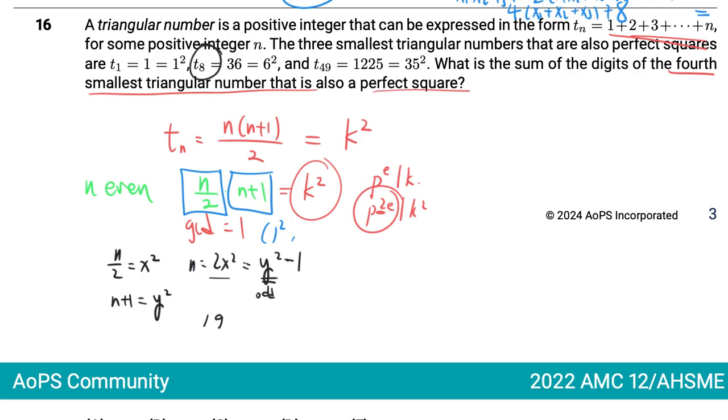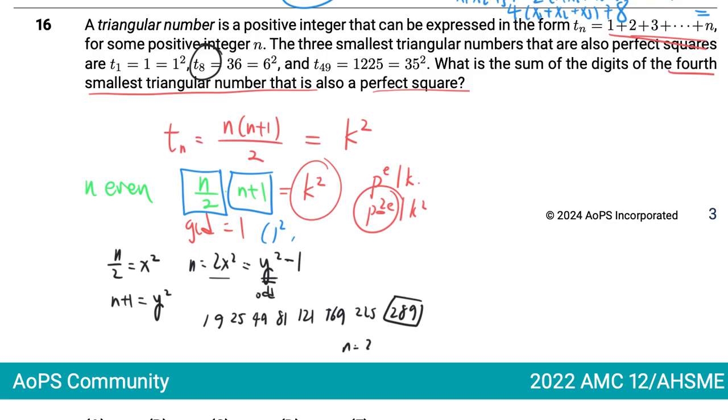And that's a good sign that we're on the right track. So 9, 25, no. 49, no. 81, no. 121, no. 169, 225, 289. So 289, minus 1 is 288.